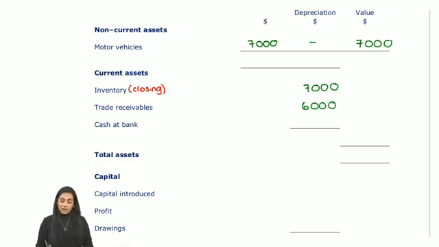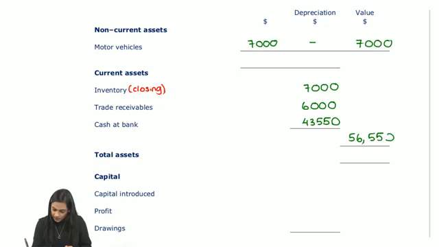Cash at bank was 43,550. So the total current assets is 56,550. So your total assets, 56,550 add 7,000 is 63,550. There you go. That's your total assets.